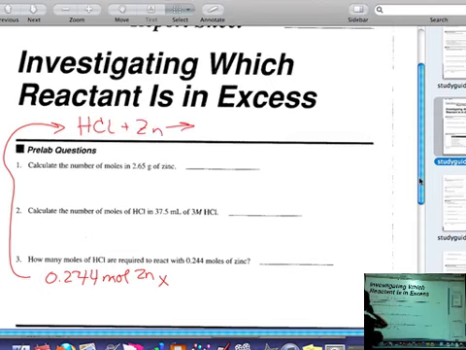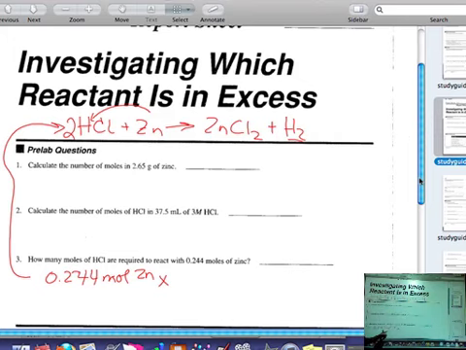A lot of you can identify this quickly as a single replacement where zinc is more reactive than hydrogen. It kicks it out and makes zinc chloride. Zinc has a +2 charge in this case. Hydrogen is a diatomic element, a Brinkelhoff, so it appears by itself as H2. Now it's not quite balanced. We've got 2 Cl's and 2 H's, so we put a 2 in front of the HCl, and we find that for every 2 hydrochloric acids, you need 1 zinc to complete this reaction.